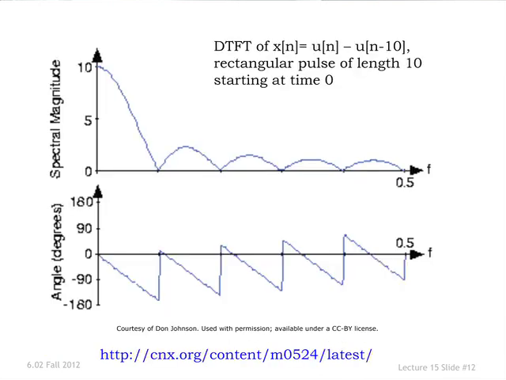if you had a pulse that wasn't centered, this is just to show you, here's a pulse. Actually, this is not centered. It's only 10 long. But the magnitude here, you're only seeing half the frequency scale, so 0 to pi, essentially, except this is in terms of f, which is omega over 2 pi. You get the same kind of magnitude characteristic, but now because you've shifted it off-center, you've got a linear phase characteristic.